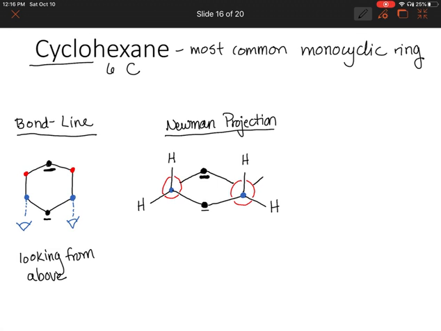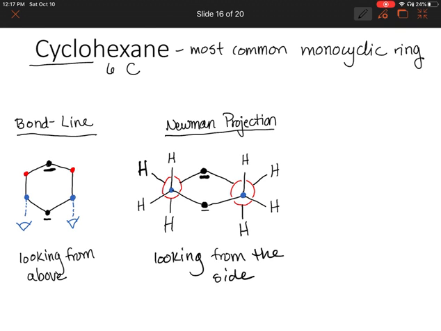So there will be a hydrogen kind of coming up and to the right and then down. And if we go to the left back carbon, there's a hydrogen coming up to the left and down. Okay, so that was really tough to draw, right? But this does show us what this molecule looks like from the side.